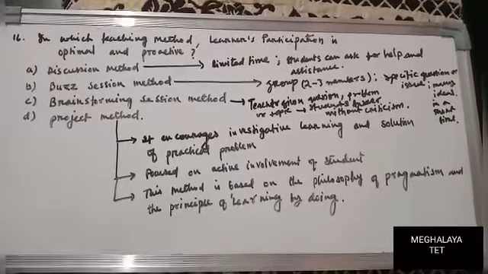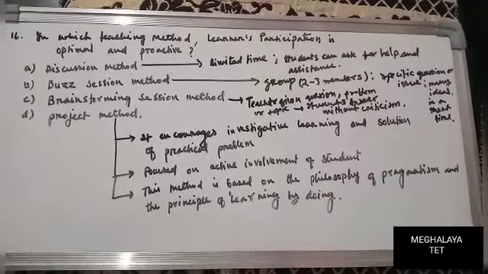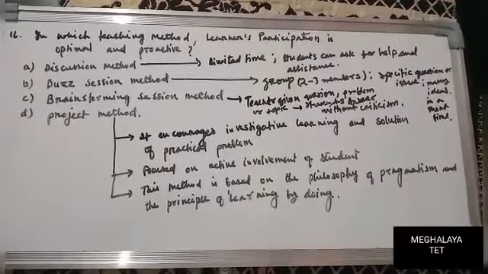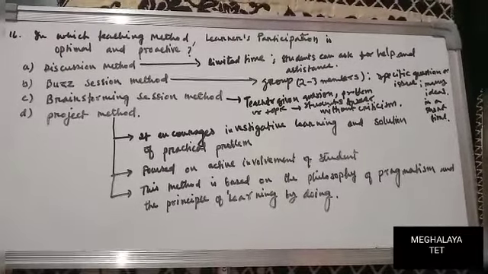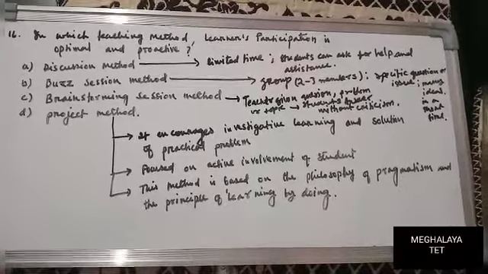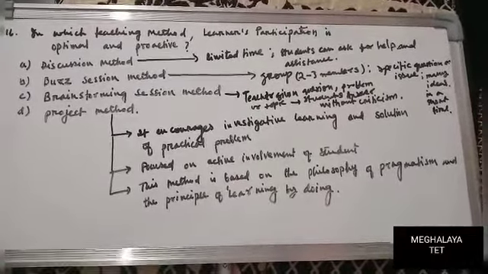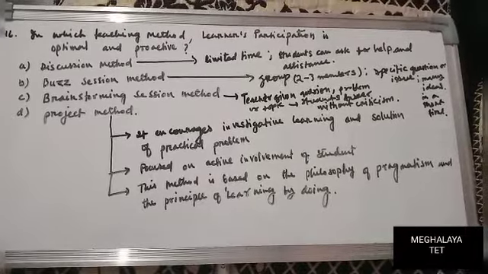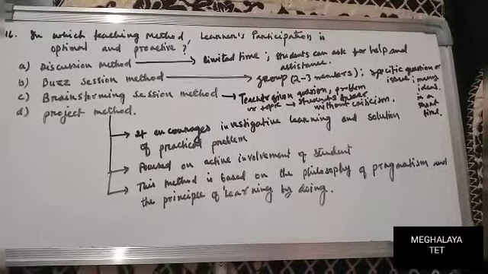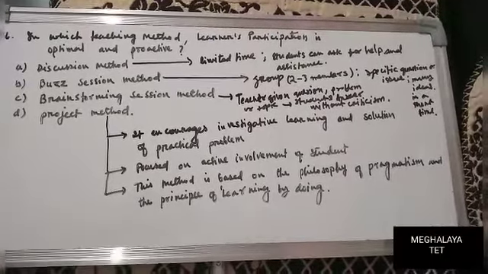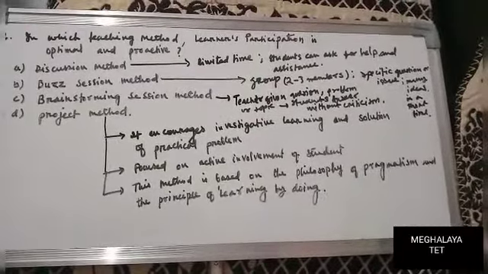But what happens in the brainstorming session method? In the brainstorming session method, the teacher gives questions, problems or topics to the students, and the students have to give solutions to those questions, problems or topics. A large number of solutions can be given, but without criticism.